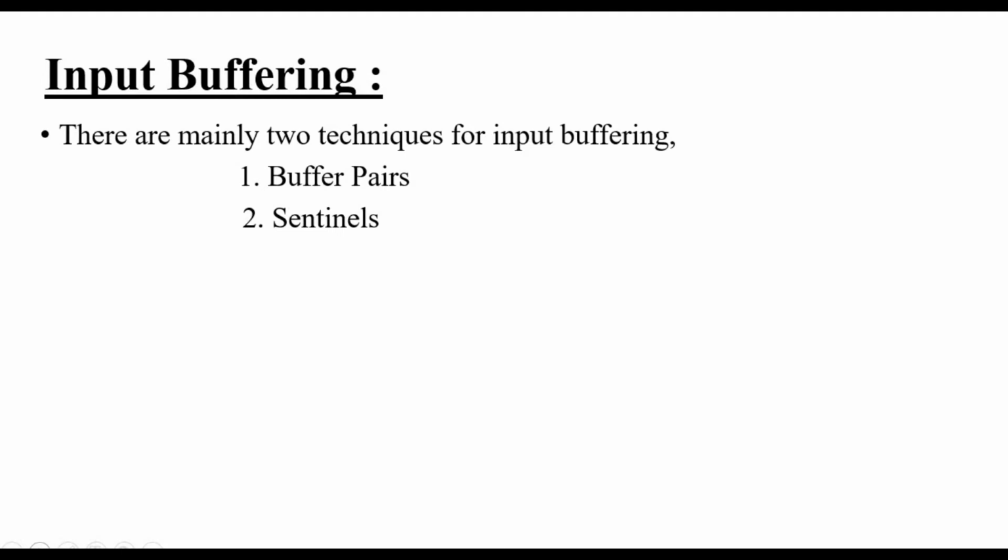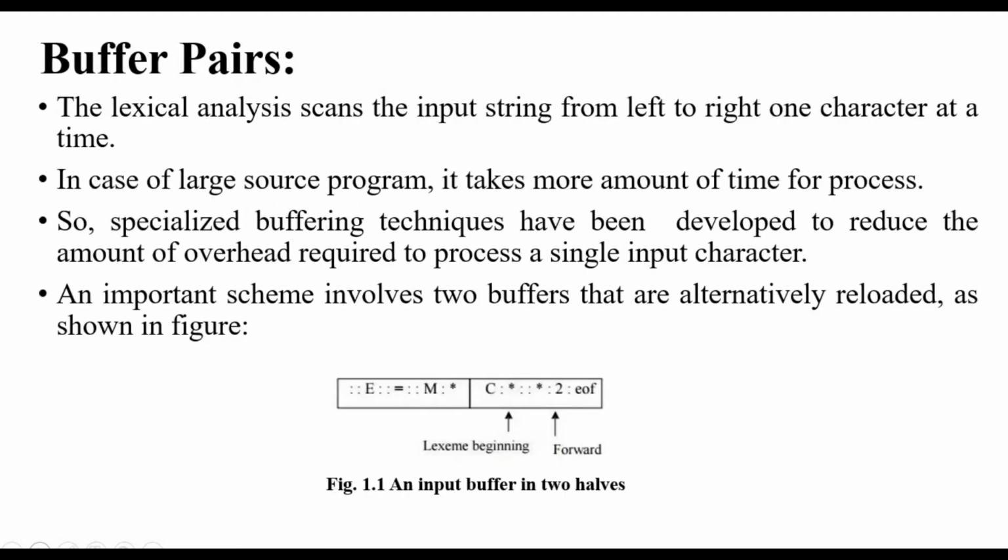So there are mainly two techniques used for input buffering. Input buffering is used to speed up the lexical analysis. The first is buffer pairs and the second is sentinel.